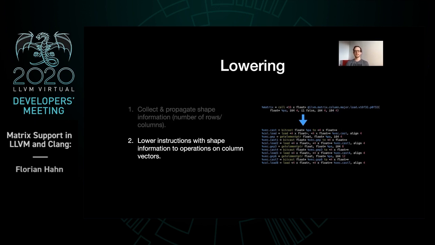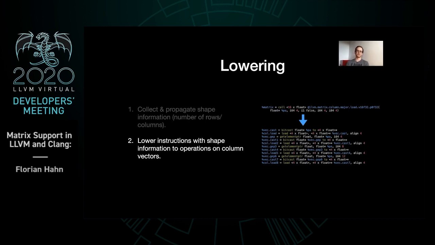And the idea here is to break down the operations with shape information that operate on matrices into LLVM vector instructions that operate on a single column. And this allows us to have a general lowering that works for each backend.